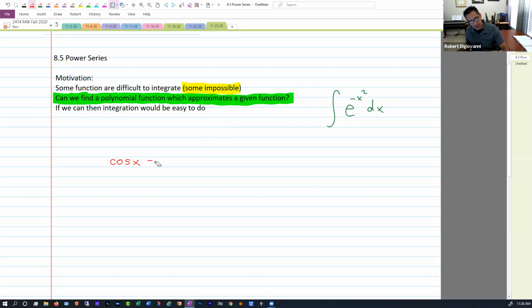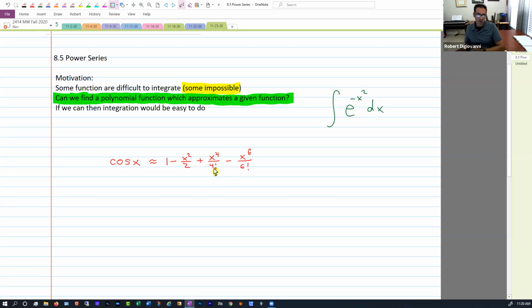It turns out that this function is approximately 1 minus x squared over 2 plus x to the 4th over 4 factorial minus x to the 6th over 6 factorial.